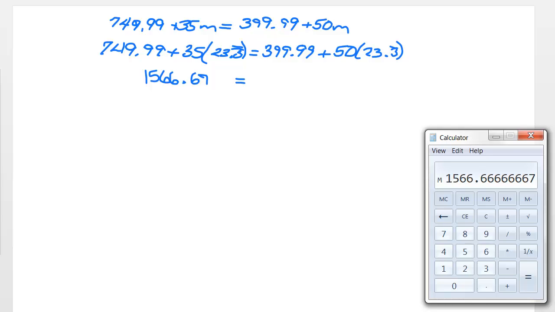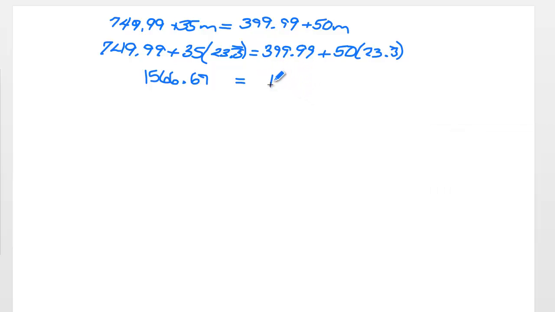So let's see if that's equal to 50 times our 23 1/3, which is our thing that's stored in memory, plus the $399.99, and we get $1,566.66.